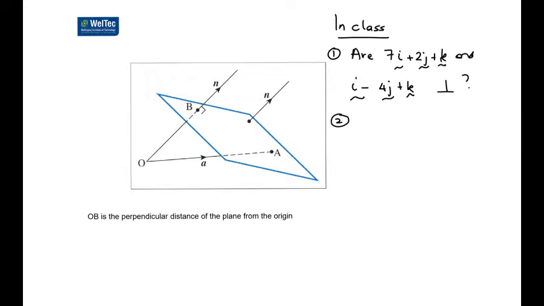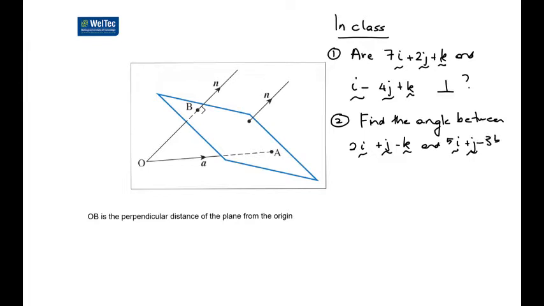And secondly, find the angle between 2i plus j minus k and 5i plus j minus 3k. So we'll do those questions in class, but please think about them as you go through the video.